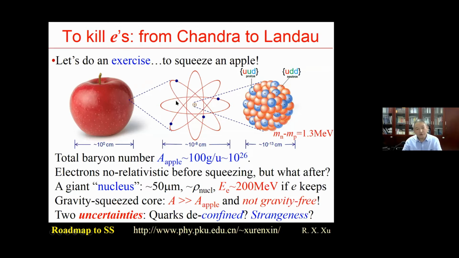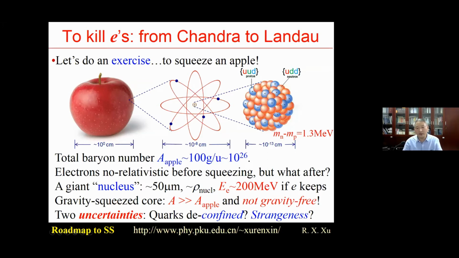But if we squeeze the apple to nuclear density, so we have a giant nucleus, you can calculate, and you finally have the scale of the remnant nucleus is around 50 micrometers, and the density is around the nuclear density.